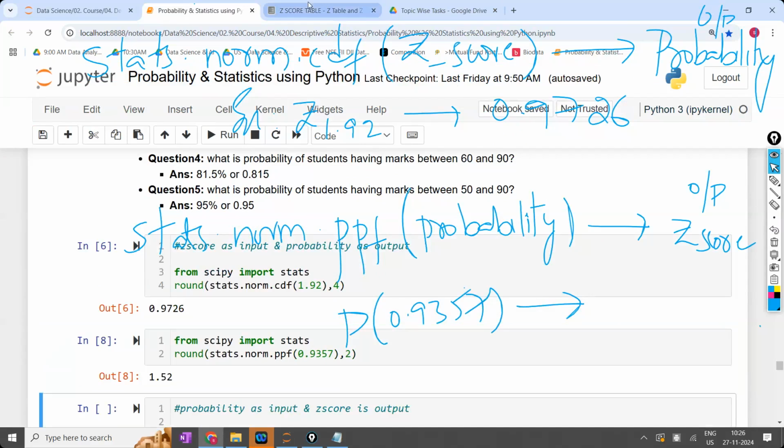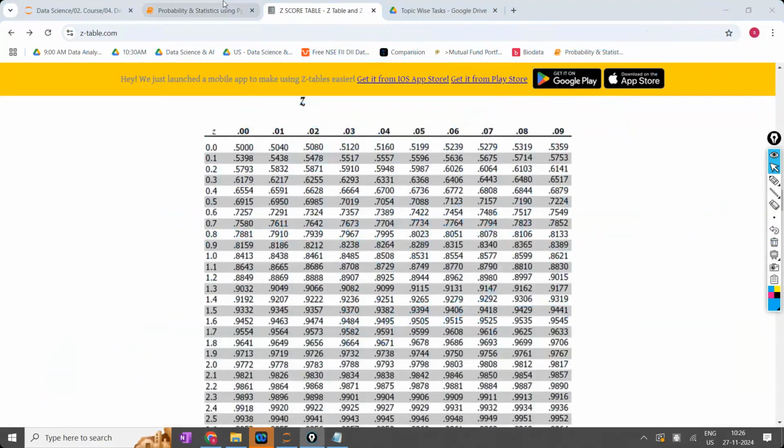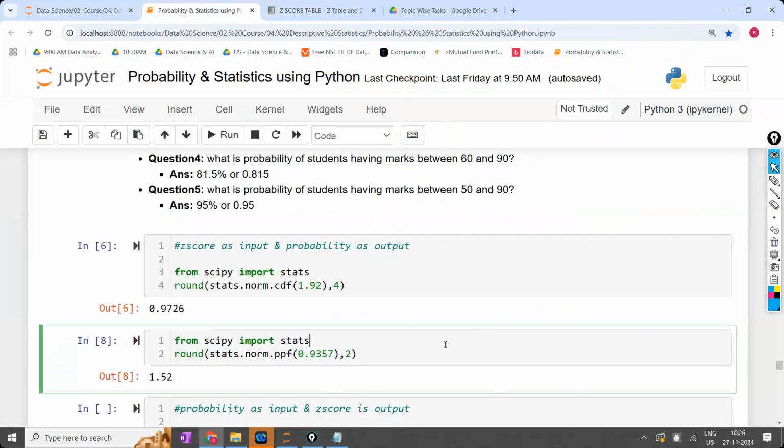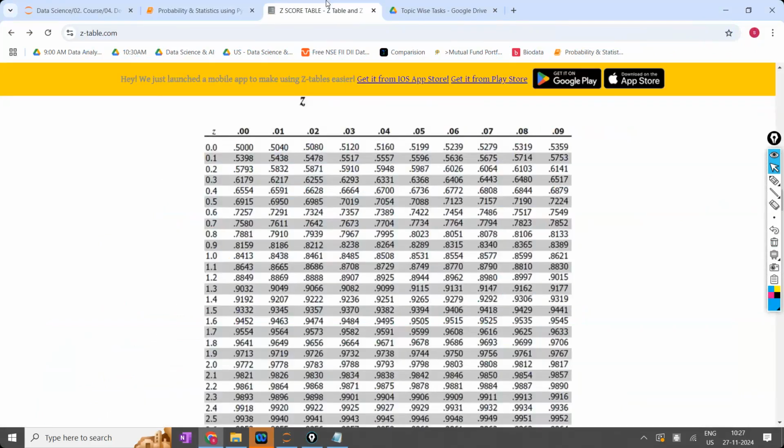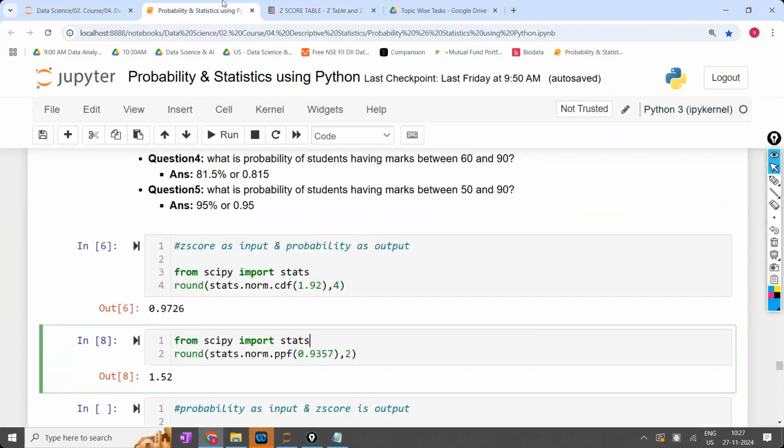Sir, when do we have to open the table and when do we have to use Python? In the interview or in the exam, you have to use the Z tables. In the companies, we have to use the Python code. Tomorrow, if you write the Microsoft exam or TCS exam, you can't say, sir, I want Python, I want the CDF function. This question was given in the TCS exam recently.